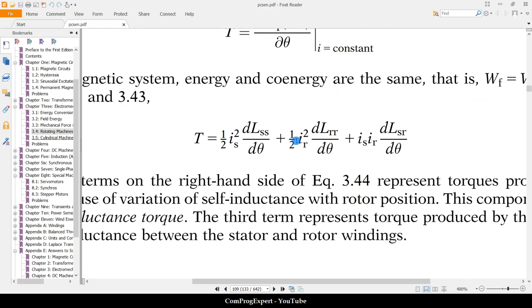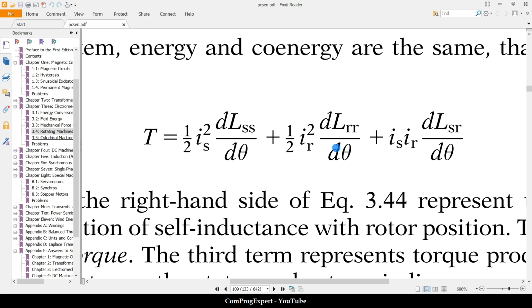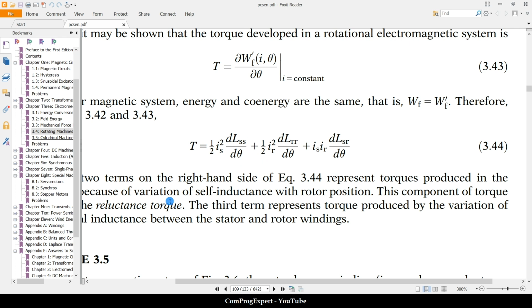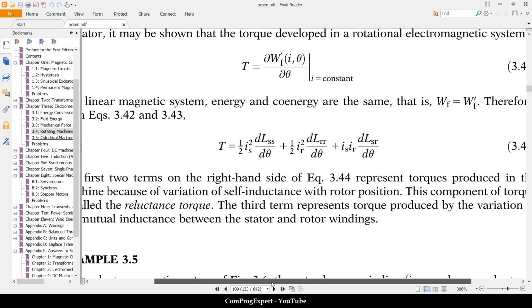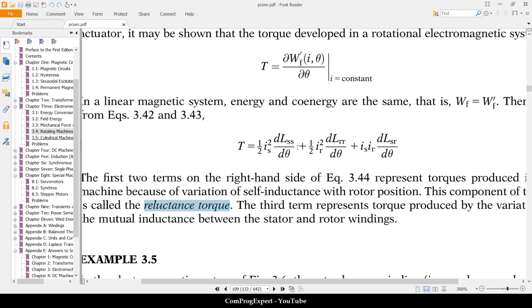So we have three terms. If we have variation for self-inductance of the first coil versus theta, we will have this. Also, this is called the reluctance torque. Okay, the reluctance torque, this one or this one, when the LSS or LRR is a function of theta.